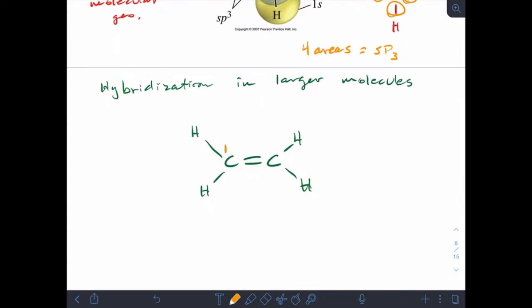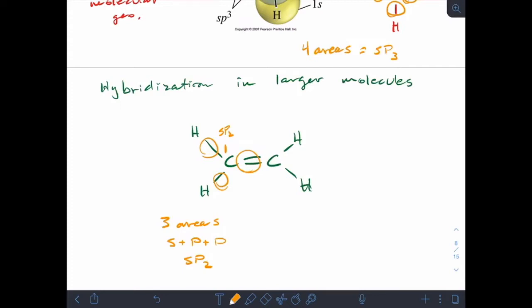How many areas of electrons are around that carbon? We have 1, 2, 3 areas around that carbon. So 3 areas means S, P, and P, or we call that sp2. So carbon number 1 is sp2 hybridized.